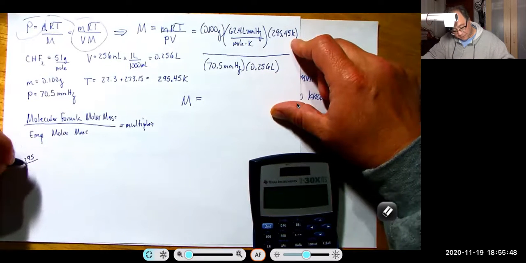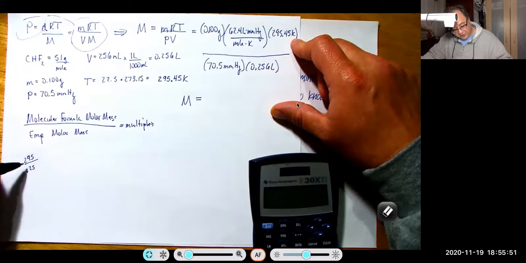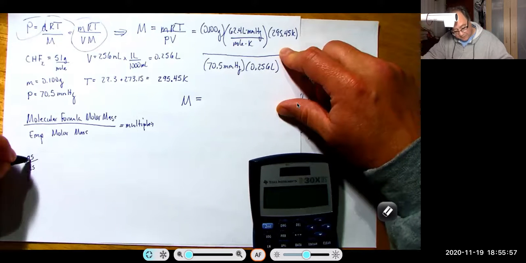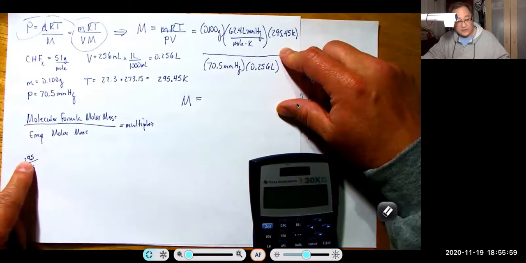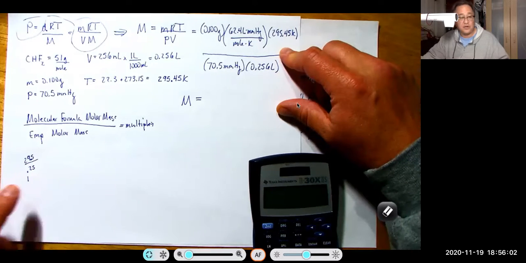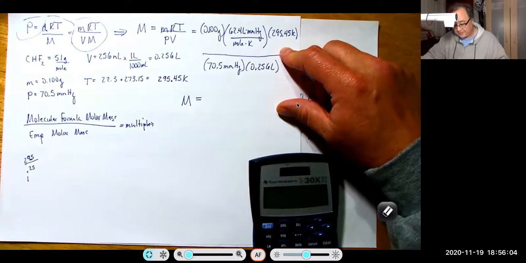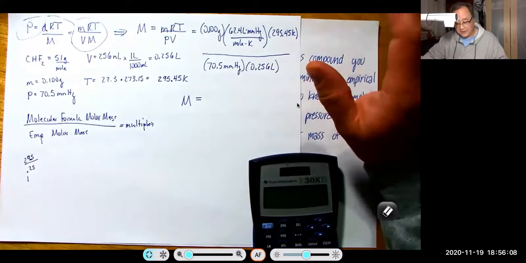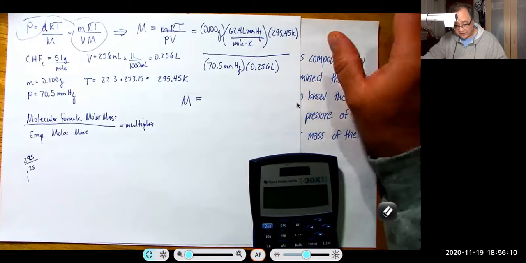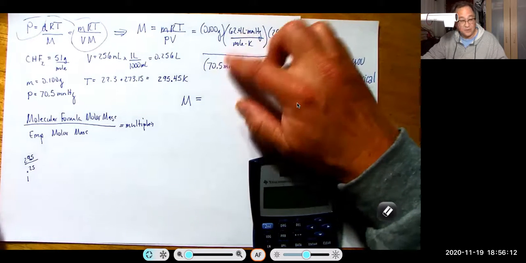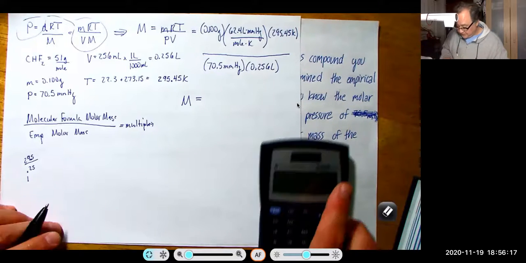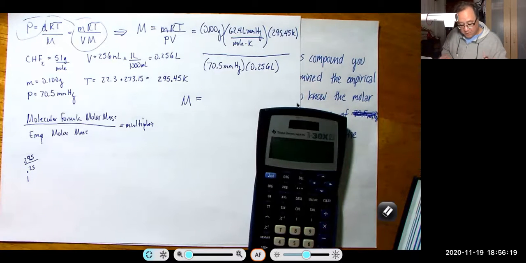If this were 1, it'd go into that 30 times. But if it's 0.25, it should go in like 120 times. Now, I'm not going to say 120. I'm going to say it's close to 100. And the reason is because I know that this divided by this is not really 1. So instead of 120, I'm going to drop it quite a bit. So the answer should be about 100.